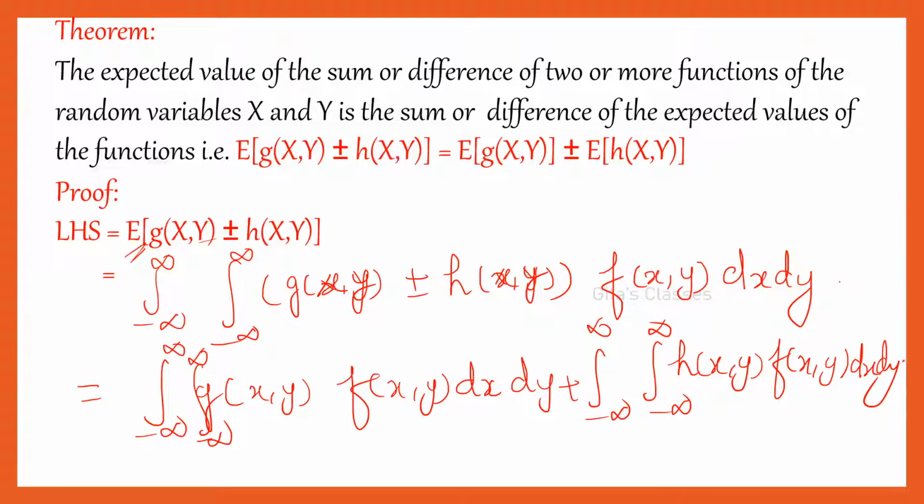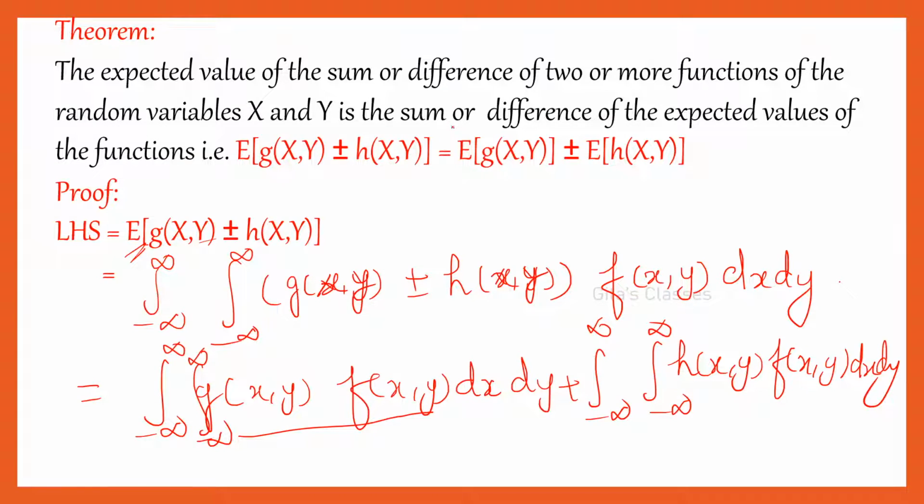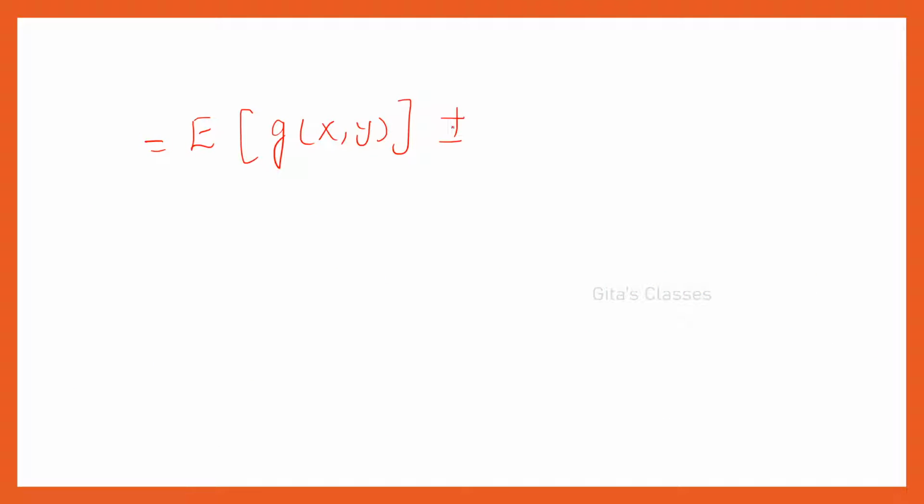What is the first one? g of x comma y into f of x comma y dx dy is nothing but the expectation of g of x comma y. That is the first term. Plus or minus, what is the second term? h of x comma y into f of x comma y, which is nothing but E of h of x comma y.